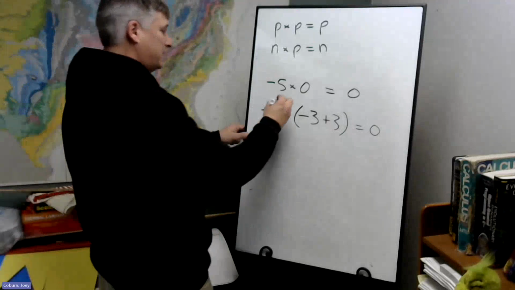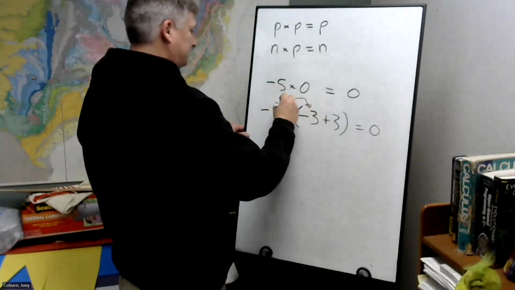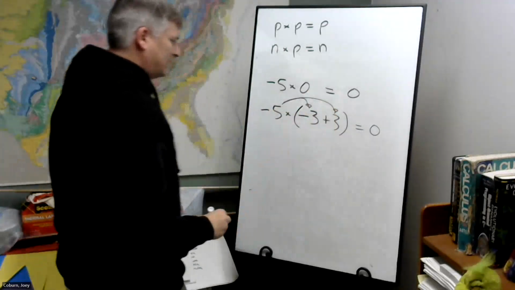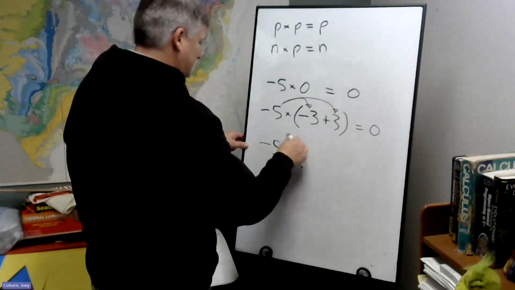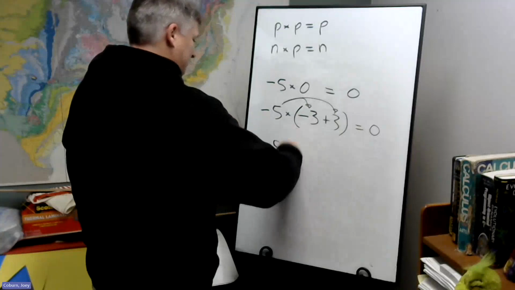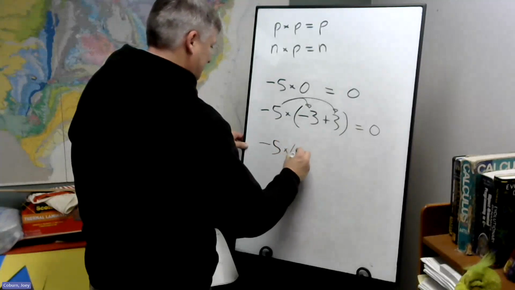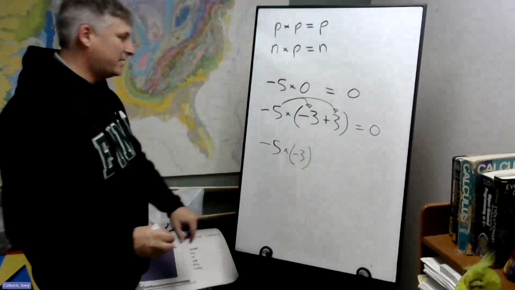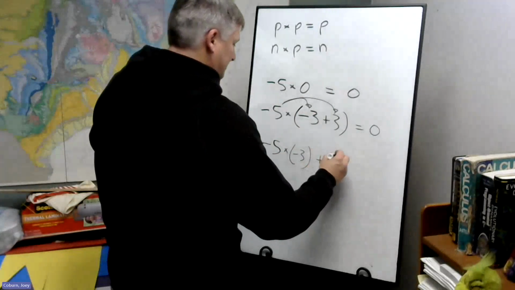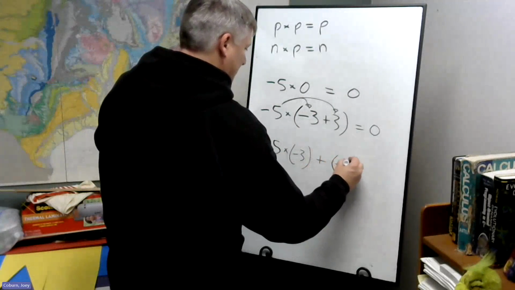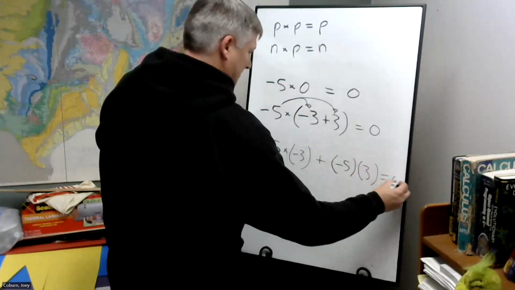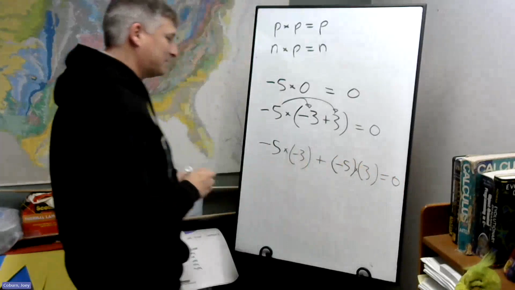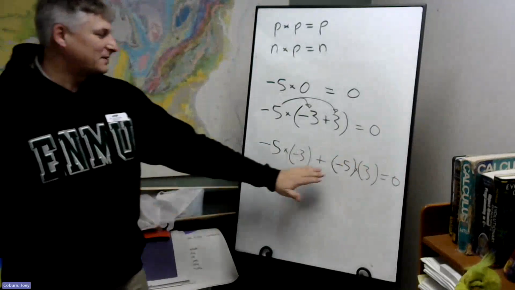Now we're going to distribute the negative 5. So we'll get negative 5 times negative 3, plus, and then I'll put these both in parentheses, negative 5 times 3.